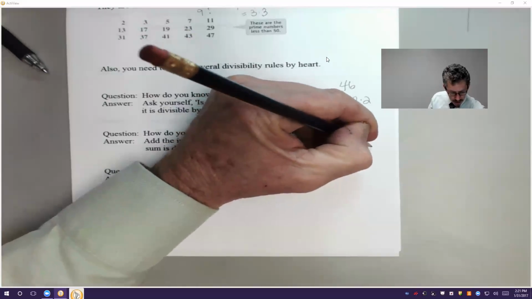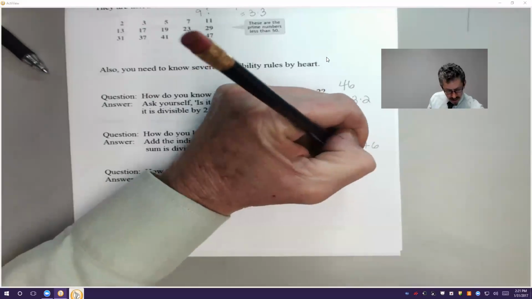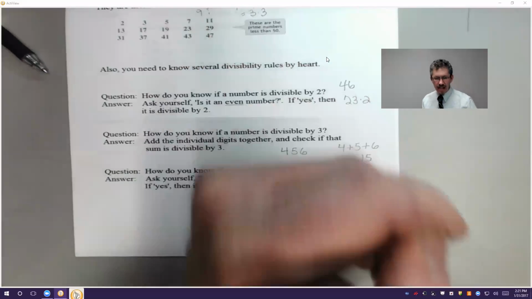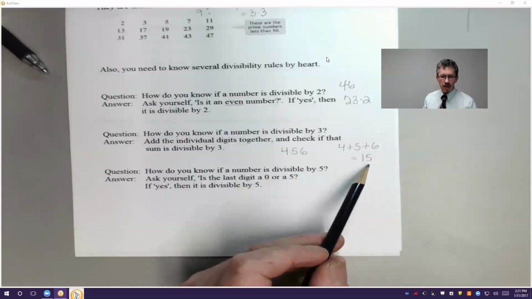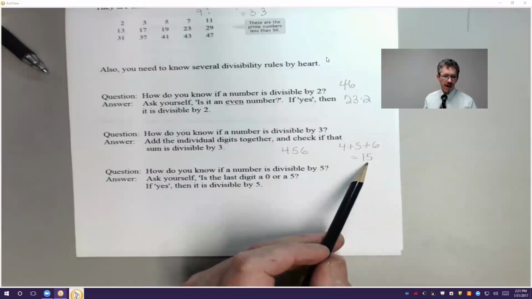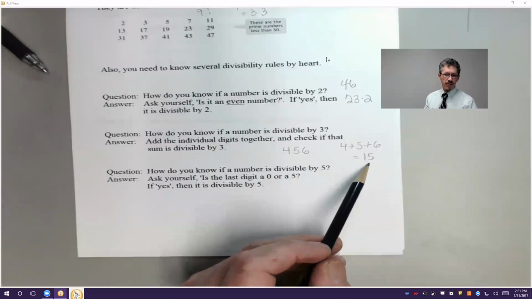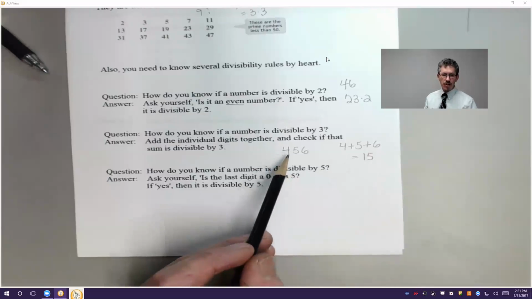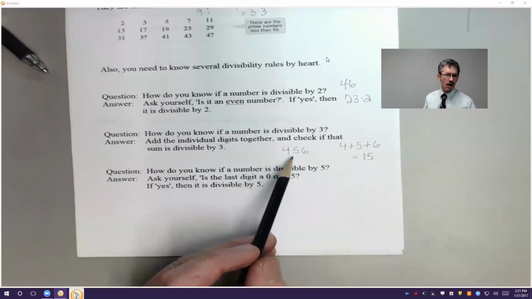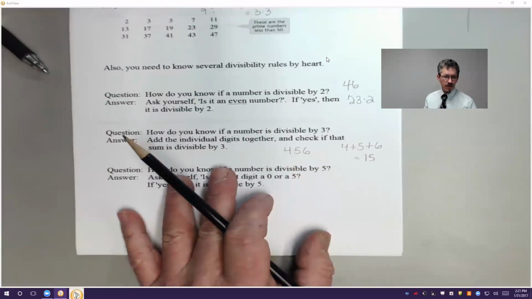So we would take 4 plus 5 plus 6, which is 15. By adding the digits together, you will always get a smaller number than what you're starting with, and should be able to mentally decide whether that sum is divisible by 3. In this case, 15 is divisible by 3. That means the original number, 456, is also divisible by 3. So that's the divisibility test for 3.